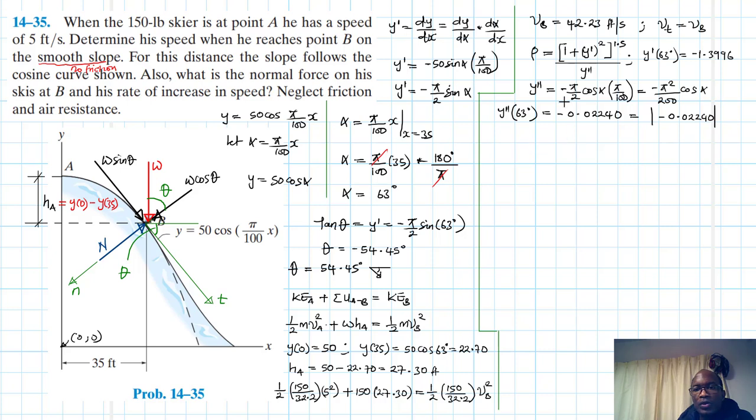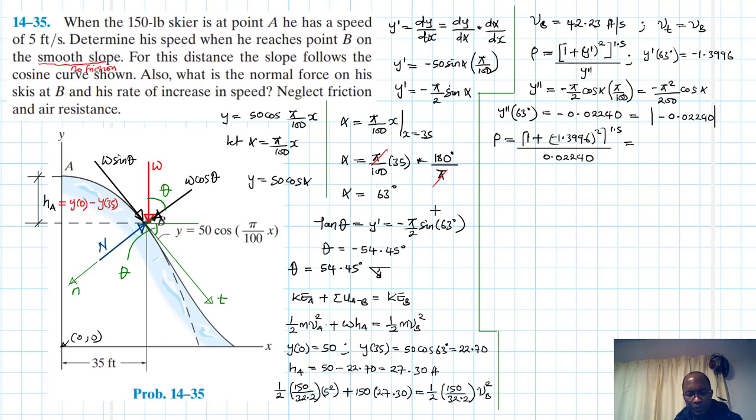Okay, so fitting all those values in there, we'll have 1 plus minus 1.3996 squared, then we work out this to the power 1.5, divided by 0.02240.